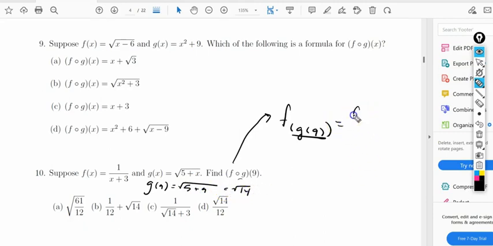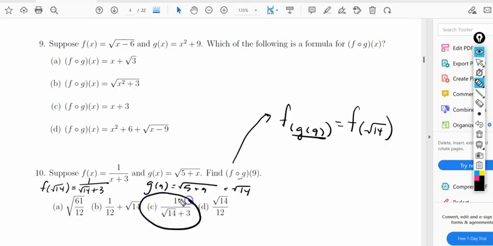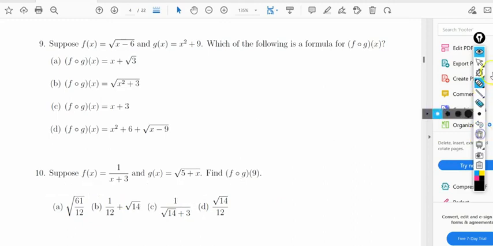So I come back here, and this will be f evaluated at the square root of 14. So I come here, and f evaluated at the square root of 14 is going to be, wherever there's an x, you replace it with the square root of 14. And that's going to be my answer. And there it is. So the answer to number 10 is C.